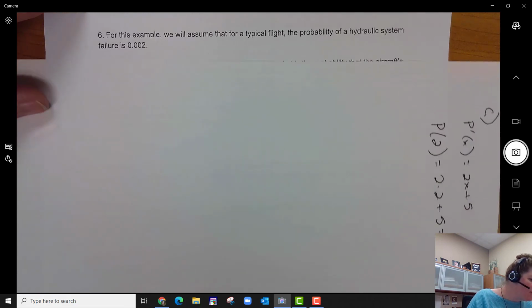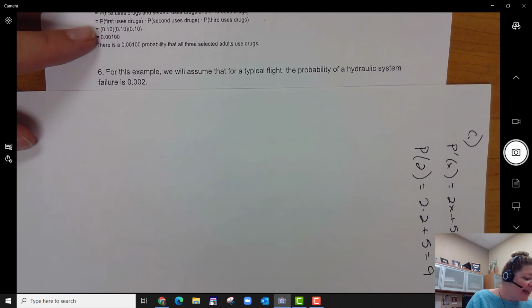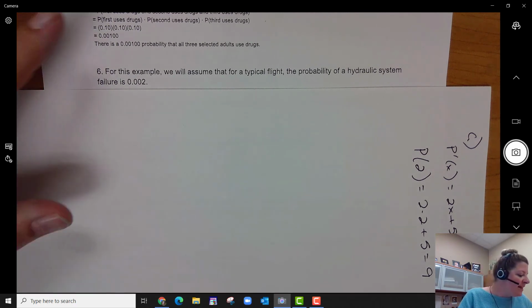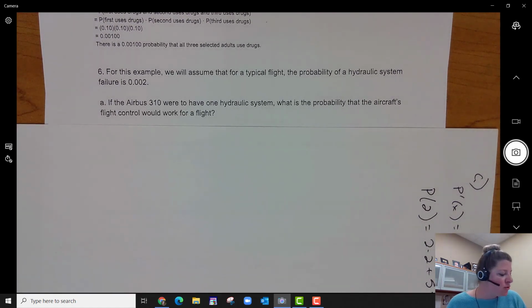So 6 here, for this example, we assume that a typical flight, the probability of a hydraulic system failure is 0.002. So we really hope this doesn't happen. We do not want our hydraulic system to die. What is the probability that the aircraft control would work?